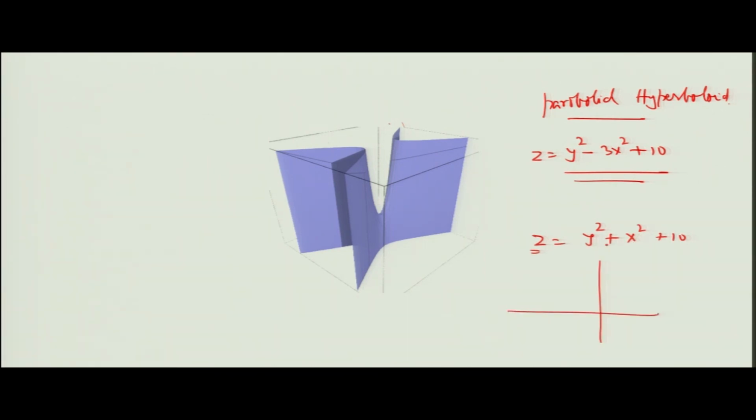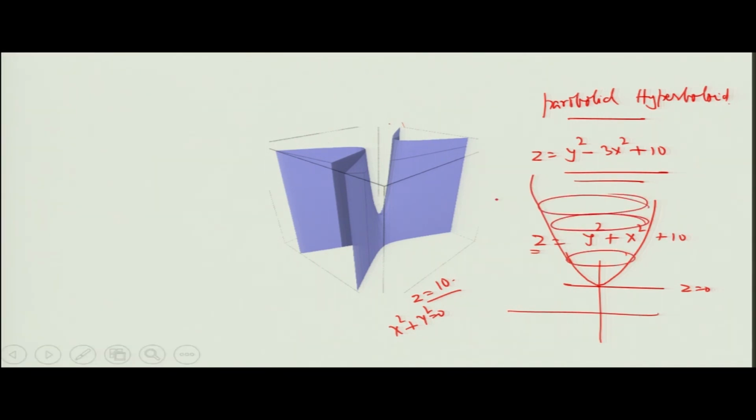If I take z as 10, then x square plus y square is 0, so x and y will be 0. So, at z equal to 10, it will start and it will go like this, and each of them will be an ellipse that will come into play.